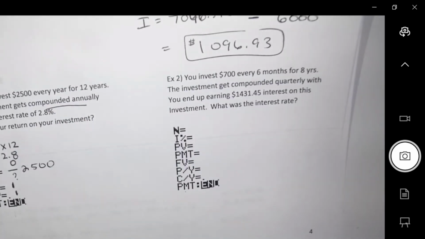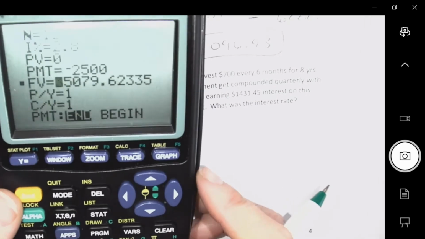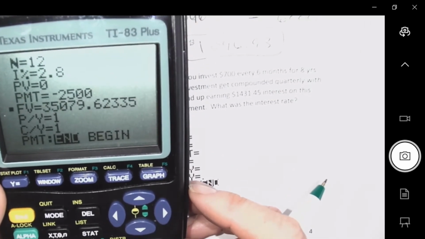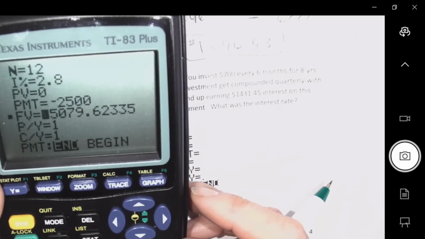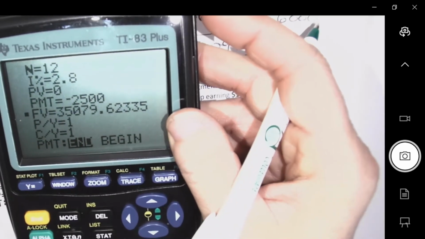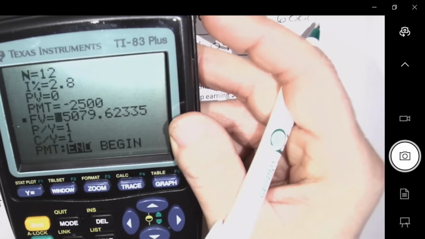We're going to figure out how much we get at the end. Okay, so type in, and then when you get back to the future value, hit alpha, enter.